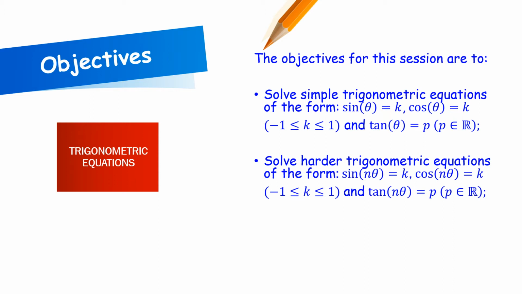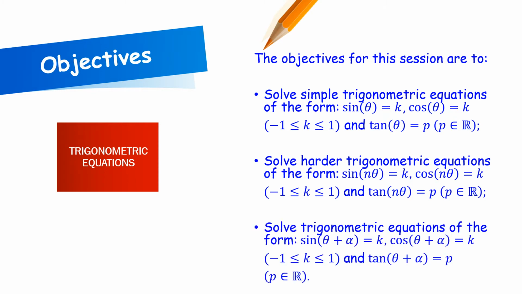We're also going to solve harder trigonometric equations of the form sine n theta equals k, cos n theta equals k, and tan n theta equals p, as well as equations of the form sine theta plus alpha equals k, cos theta plus alpha equals k, and tan theta plus alpha equals p.